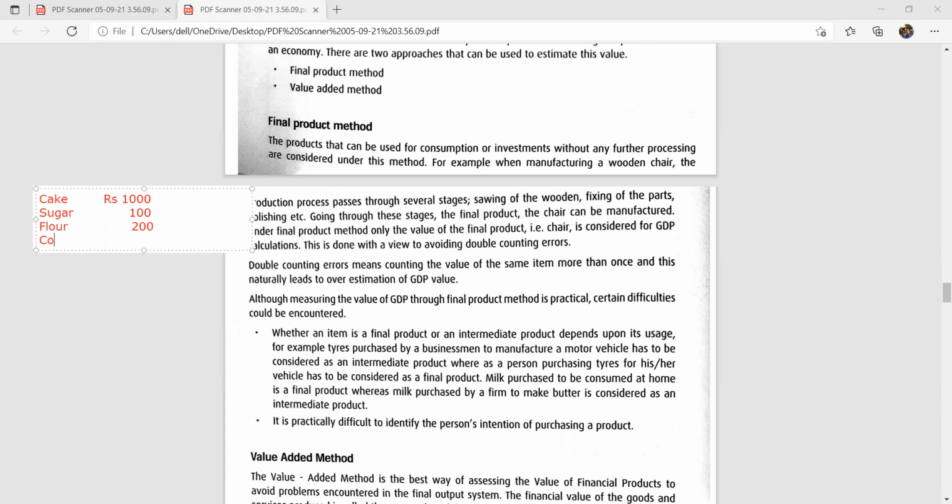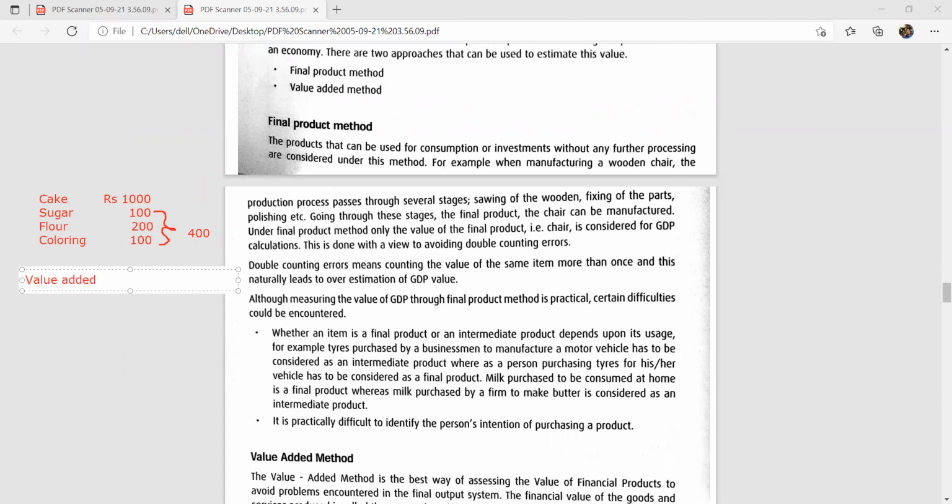Thereafter coloring, 100. Thereafter, we consider the value added of the cake. These are intermediate. Total is 400.